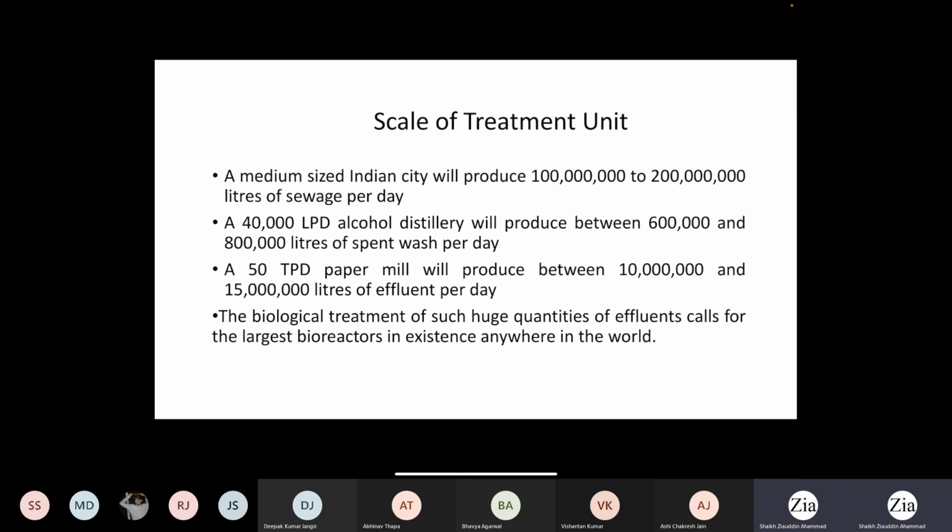Paper mill industry, again, uses a lot of water, so there also you can see the amount of water being produced in a given day. But obviously, they will not be able to compete with the sewage treatment plant. A sewage treatment plant will always have a much higher capacity. So whenever you use a biological treatment system, definitely you need to use a huge volume reactor to treat such target volumes.